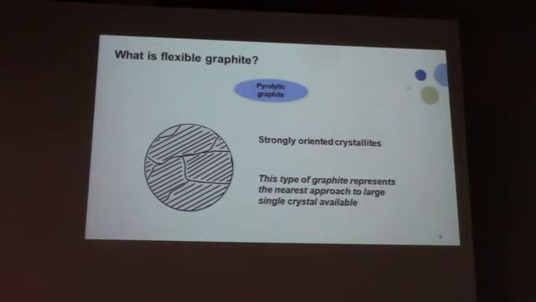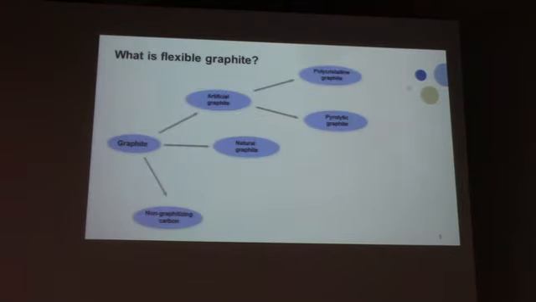It's an average orientation of the grains. But for example, for pyrolytic graphite, this property is stronger. So this type of graphite is the nearest approach to a large single crystal of graphite that is available for testing, for example. But flexible graphite is not part of artificial graphite.